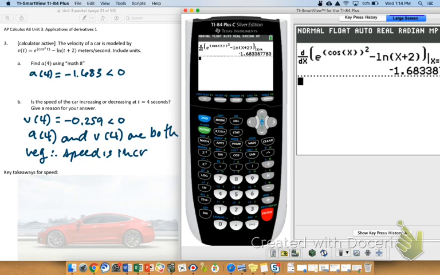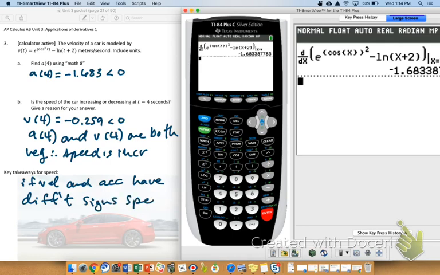I hope that the opposite of this is clear. What if acceleration was positive, but velocity was negative? What if they're heading in different directions? Speed is decreasing. You're slowing down. That's right. So another key takeaway here would be if velocity and acceleration have different signs, speed is decreasing.